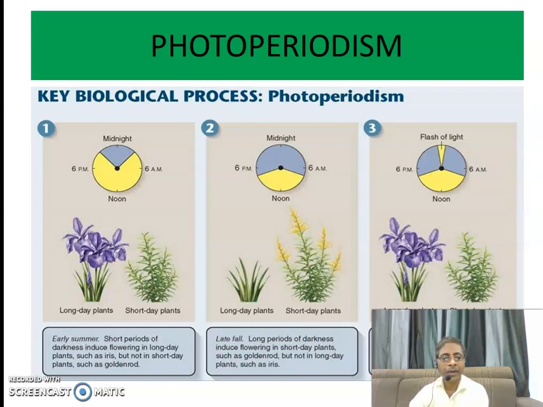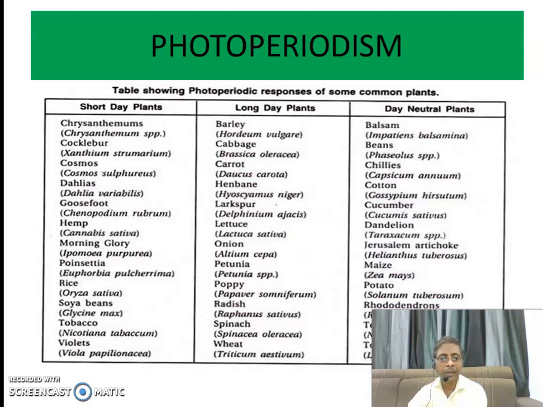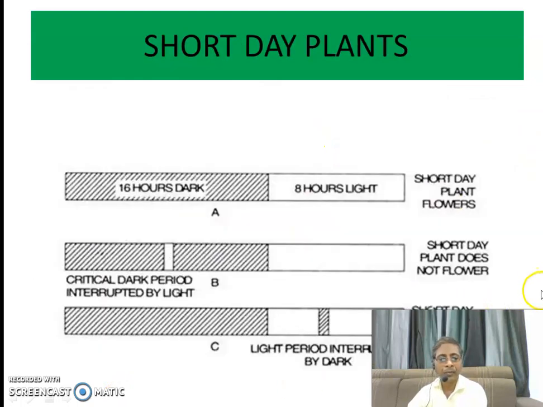Here is the diagrammatic representation in front of you, showing long day plants, short day plants, and day neutral plants. Here are the suitable examples of long day plants, short day plants, and day neutral plants.